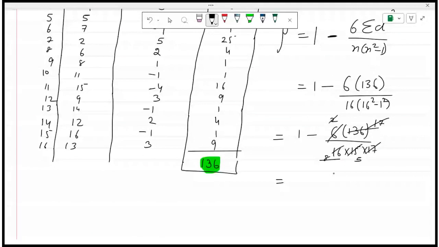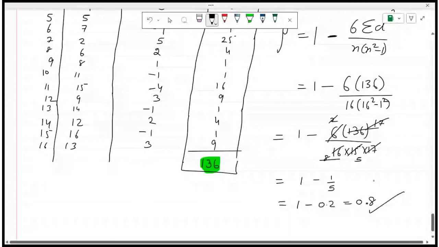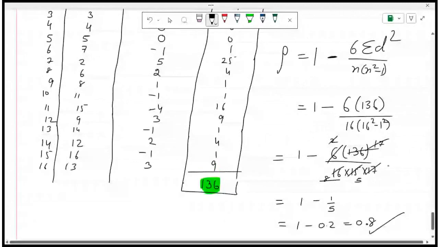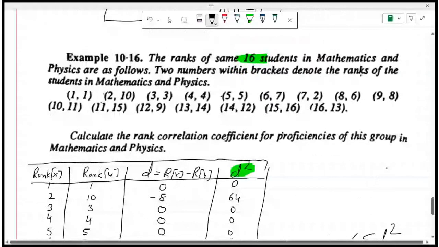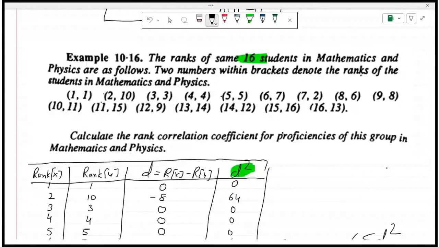Yes, 0.8. So it means the rank correlation between these two is 0.8. 0.8 suggests that there is some strong kind of relationship. If some student scores a good rank in math, we can expect such a student will also score well as per this data.